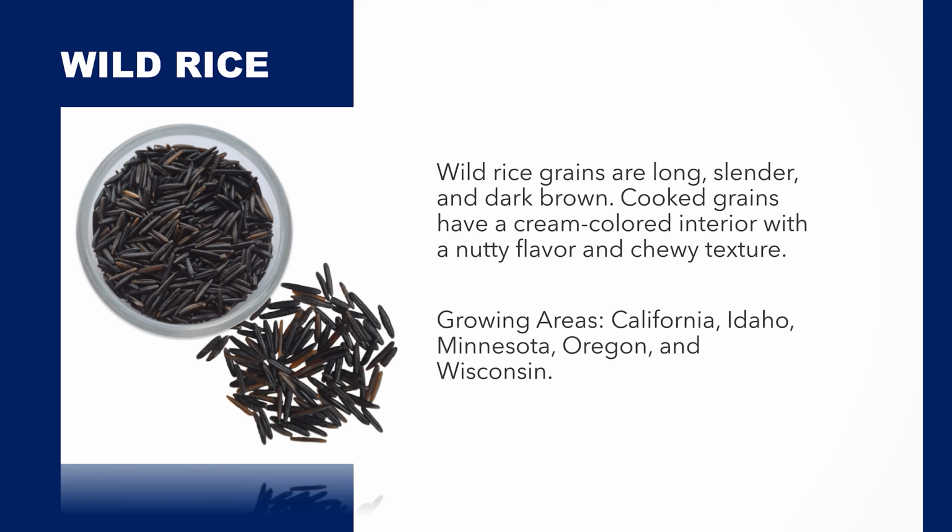The wild rice is perfect for mixing with white or brown rice and ideal for stuffing, for salad and soups, and for adding color and texture to breads and desserts. They can be grown in places like California, Idaho, Minnesota, Oregon, and Wisconsin.